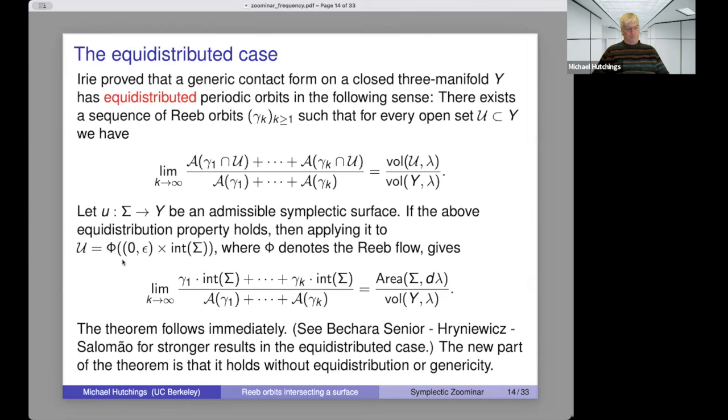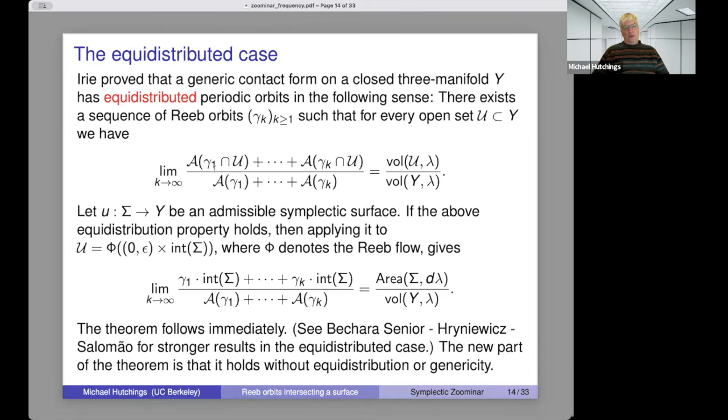So this will be what I call a slab. It's like an embedding of a small interval across the interior of sigma into Y. And you apply the theorem.